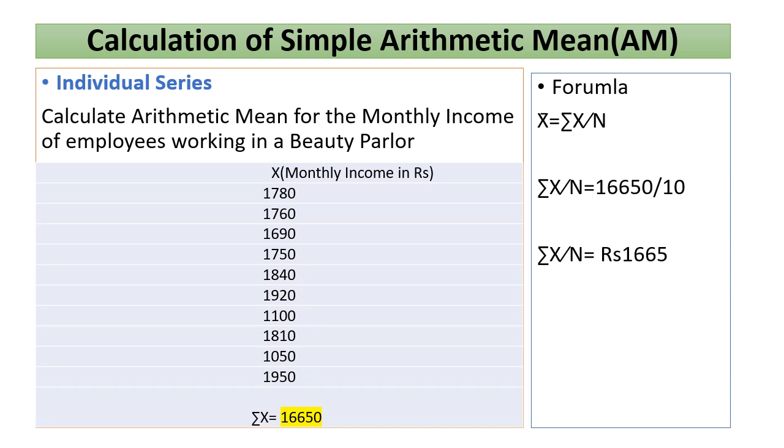So taking up the calculation of arithmetic mean in this particular video, we'll have a look at how it is done. Since it is a mathematical average, when it comes to its calculation under individual series, we will see that the data first of all is put in a single column.